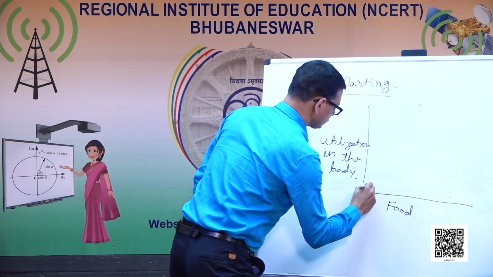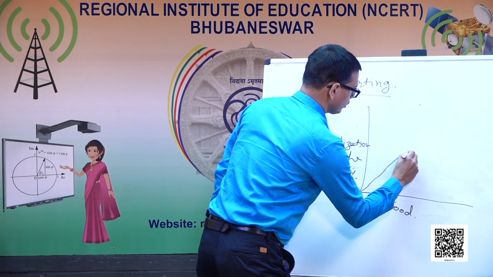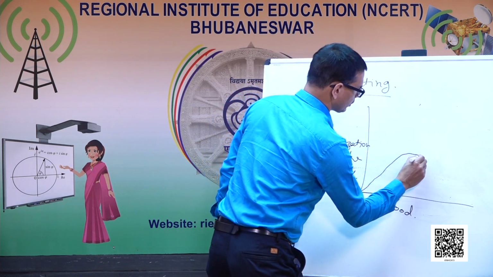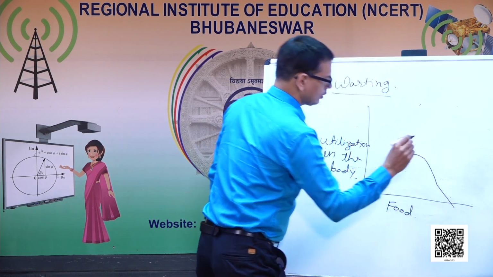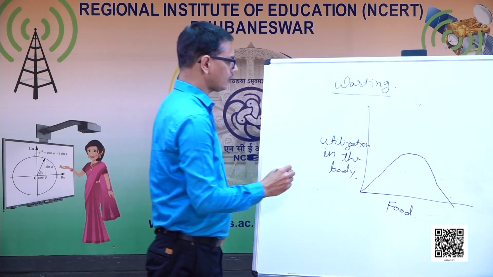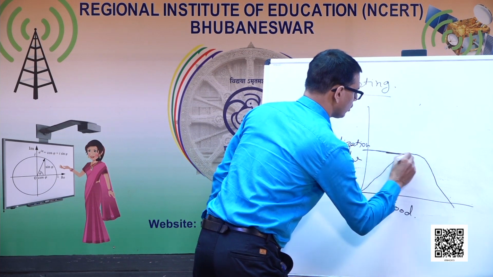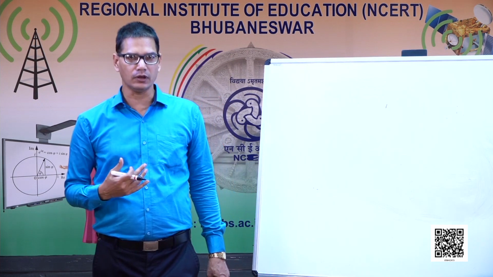As the amount of food increases, utilization increases, but at a certain level it is not utilizing, and after that it becomes dangerous. Therefore, we have to take optimal quantity of food. How can you make habit of taking food?